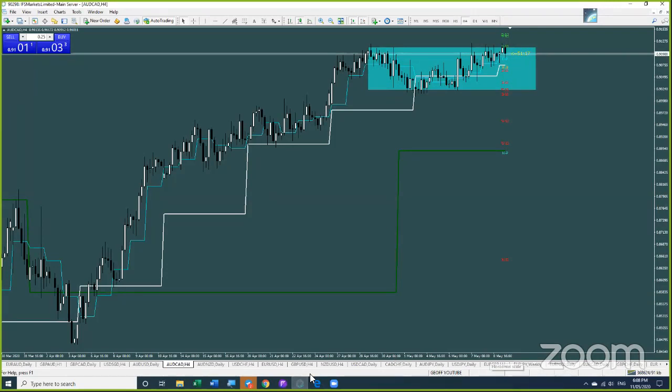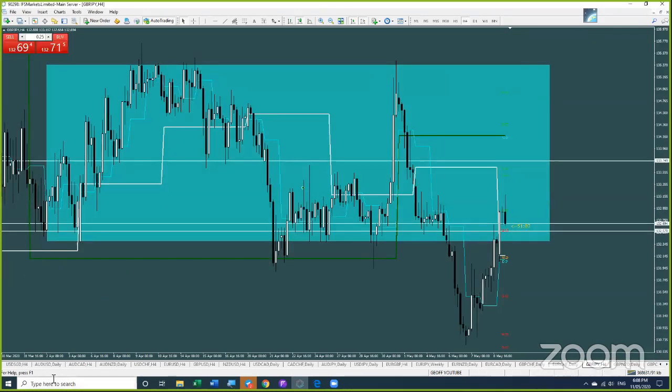One last one before we go. I know I've got a question there on pound yen. All I've got to do is find the chart. There it is. Okay, on H4 sell. I wouldn't be selling here myself. No. Reason: rectangle.